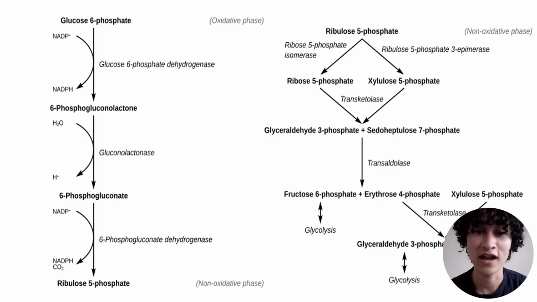So in the next phase, when we get our 6-phosphogluconate, which has that carboxyl group, if you like, it can form ribulose 5-phosphate through an oxidative decarboxylation reaction, okay, using NADP plus as a coenzyme.